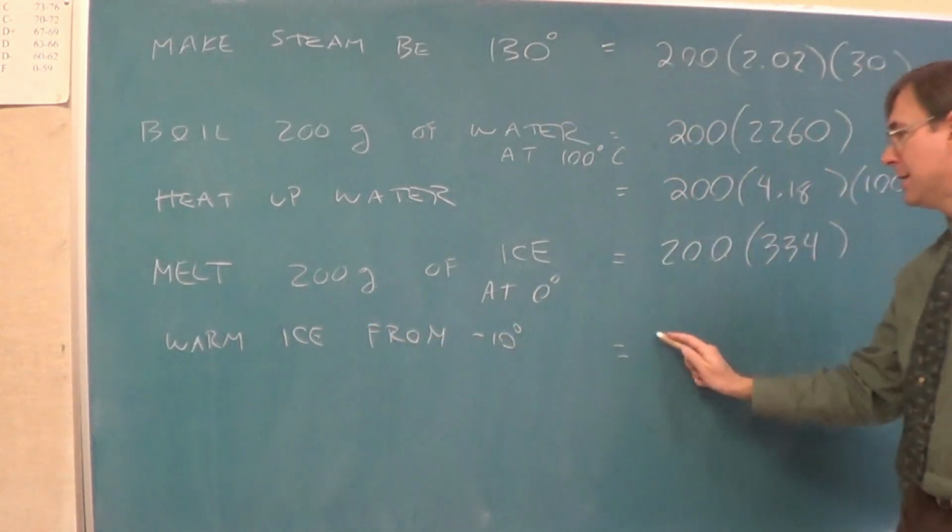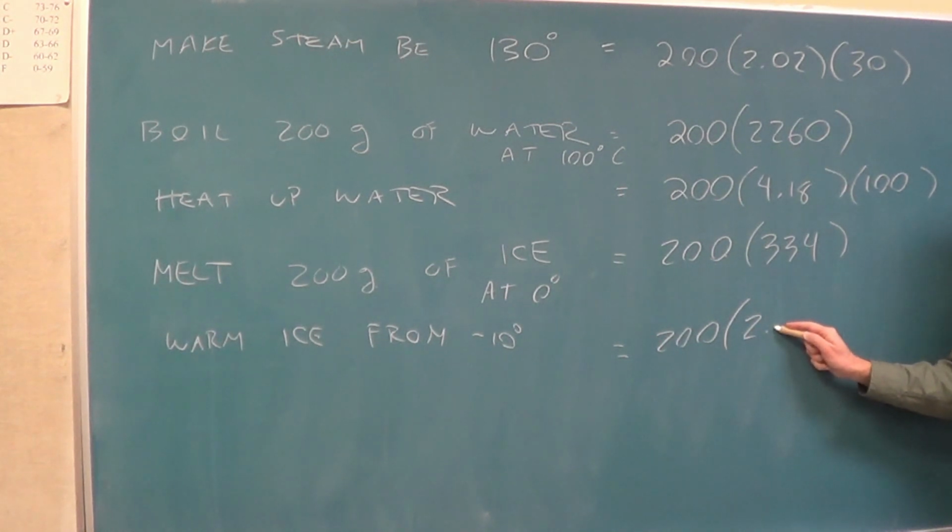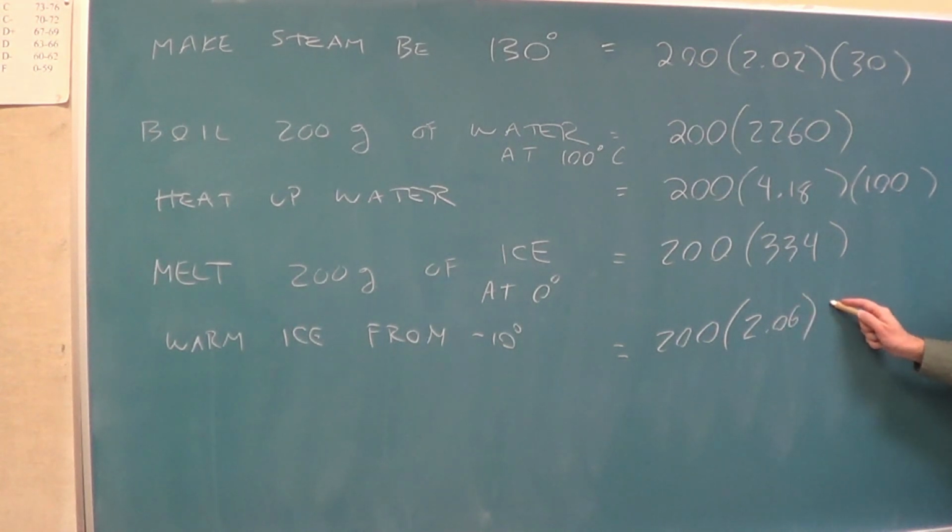So warming up the ice, it's still 200 grams. What's the number for ice changing temperature? Anybody? Ice from the table? 2.06.